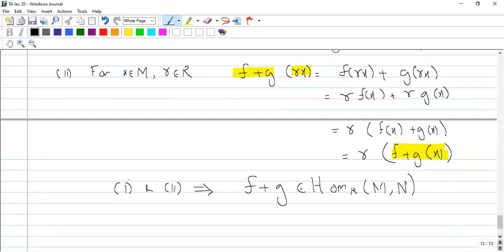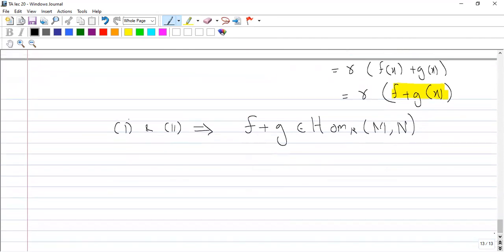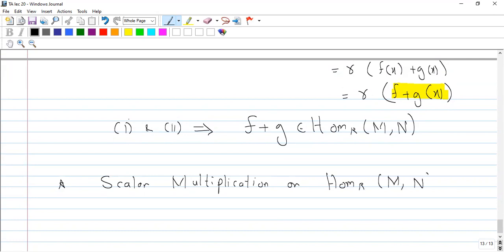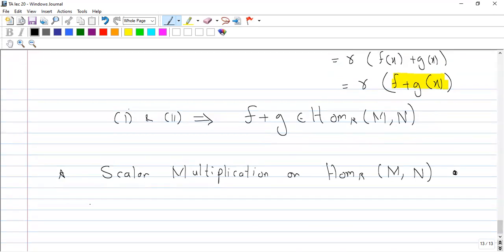Now in the second step we have to define scalar multiplication. How is scalar multiplication defined?